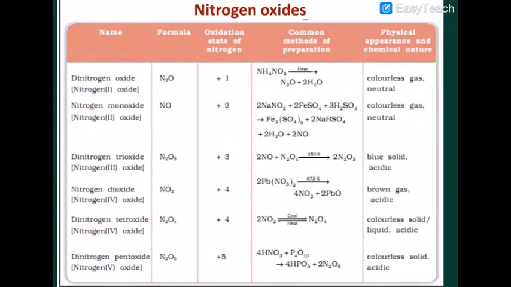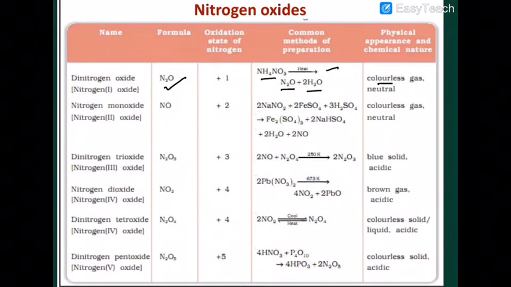Now look at the various preparation methods for various types of oxides. How would you obtain dinitrogen oxide, also known as nitrous oxide? When you take ammonium nitrate and heat it strongly, it will give you N2O and water. You take ammonium nitrate and heat it, you will get N2O and H2O.